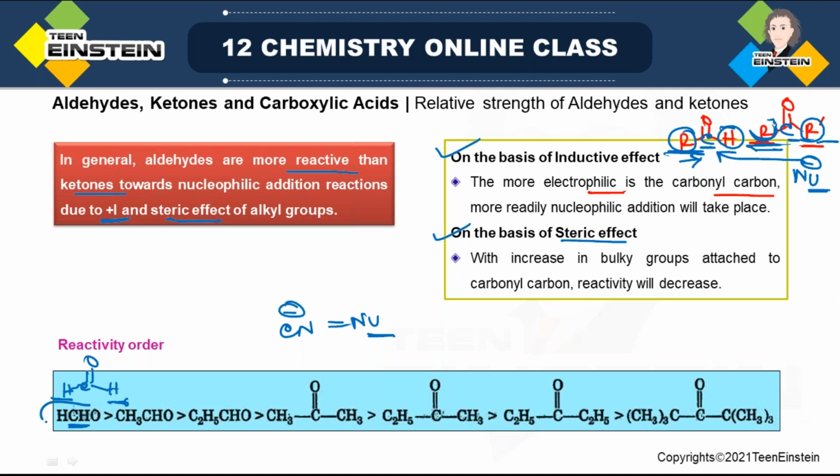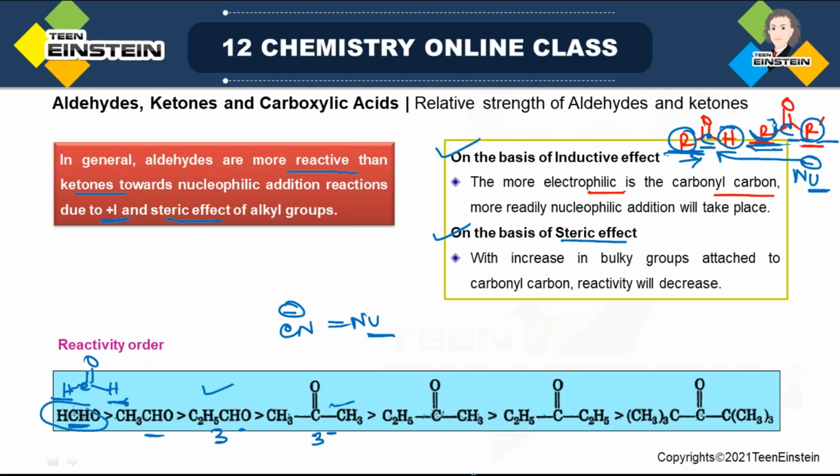So it is most reactive. After that, CH3CHO, acetaldehyde. Then the 3-carbon aldehyde, propanal. After that, we have ketone. See, this is also 3 carbon, this is also 3 carbon. But this is aldehyde, this is ketone. So aldehyde is more reactive.